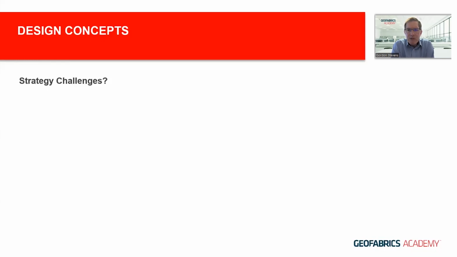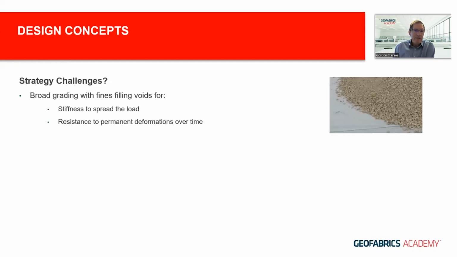Pavement aggregates present a dichotomy for pavement engineers. And why I say that is that when selecting your aggregates, you want to go for a broad grading with fines to fill the voids, because you want to achieve a high level of stiffness to spread the loads, and good resistance to permanent deformations over a period of time.